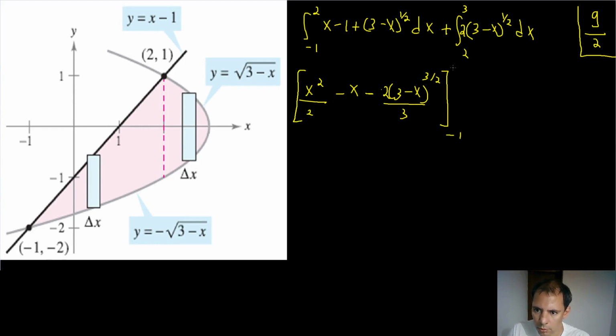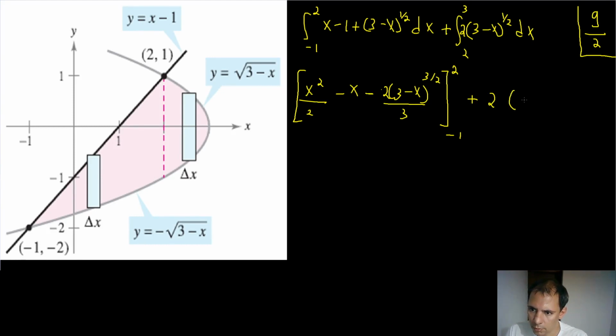-1 all the way to 2, and then you have to add, let's do this, the integral of this stuff in here. It's going to be 2 times, because I'm taking this 2 out because it's just a constant, 2 times the integral, so let's do it.